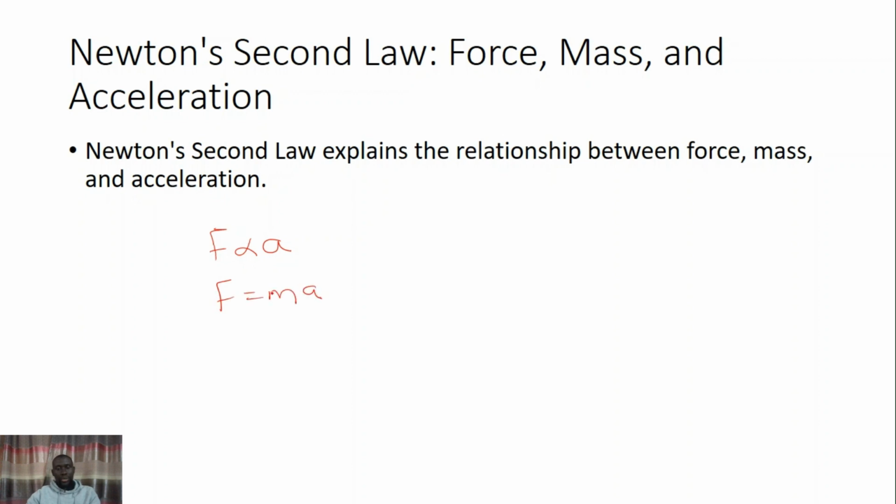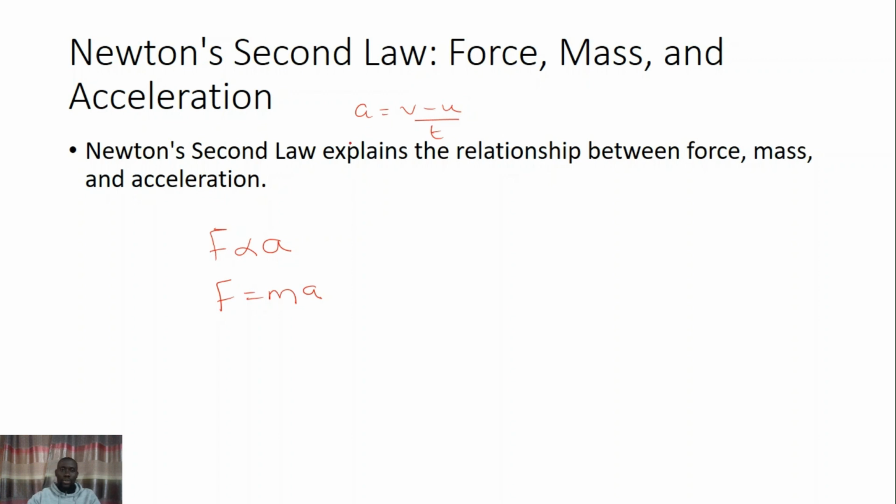If you apply different forces to the body of the same mass, the acceleration increases. And don't forget that acceleration is equal to v minus u over t from our equations of motion.